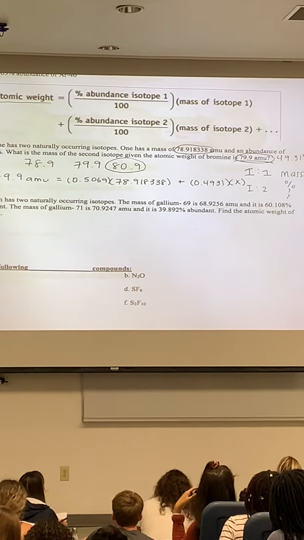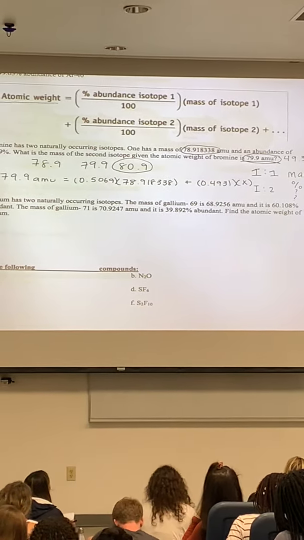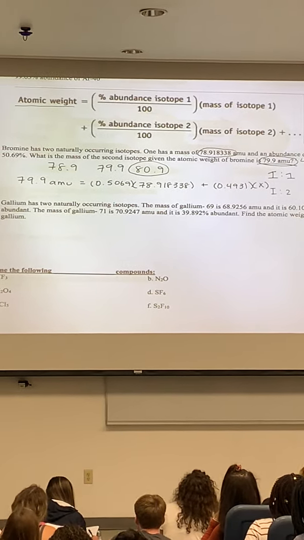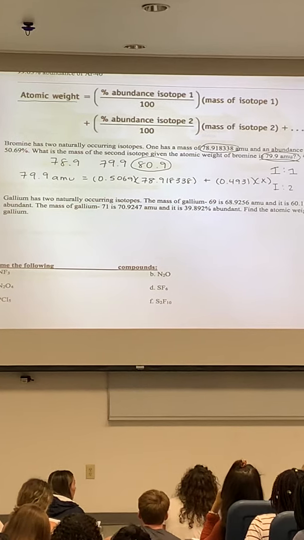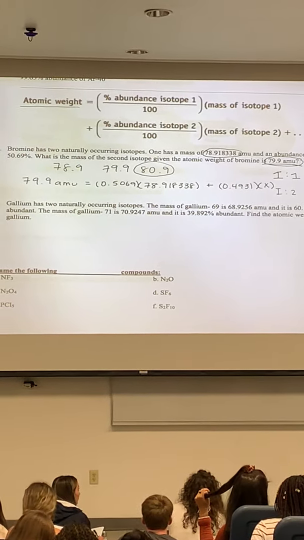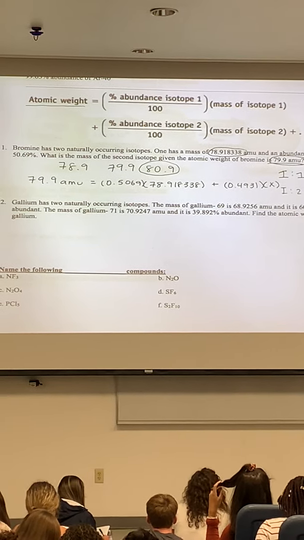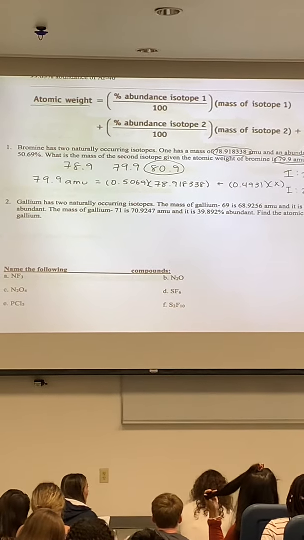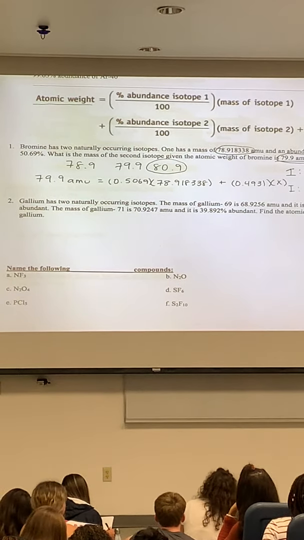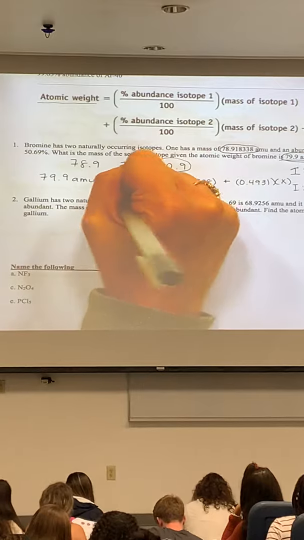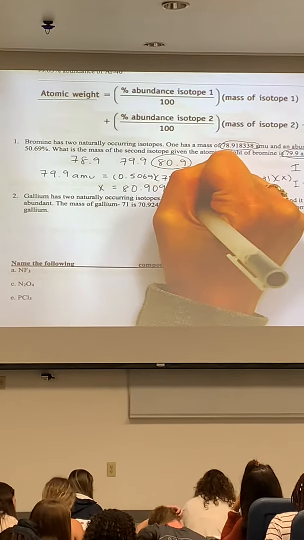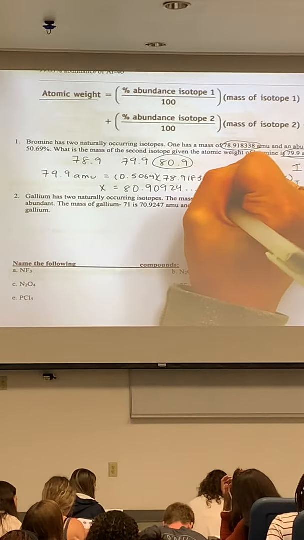Now from this point on, it's just algebra, so I'm not going to show any more work. I hope you guys are comfortable with doing algebra. They assume so when you start this class. And when I plug this into my calculator, I get 80.90924, and so on, AMU.